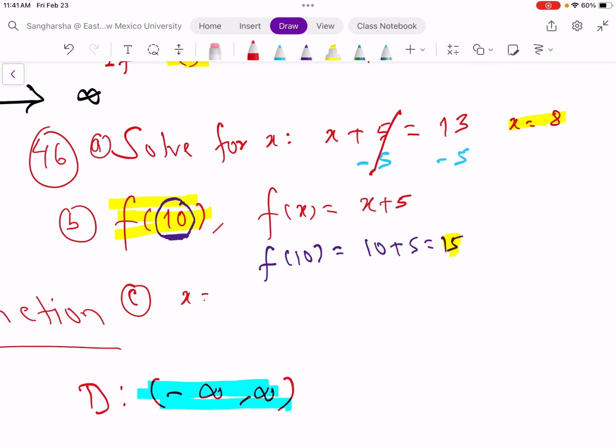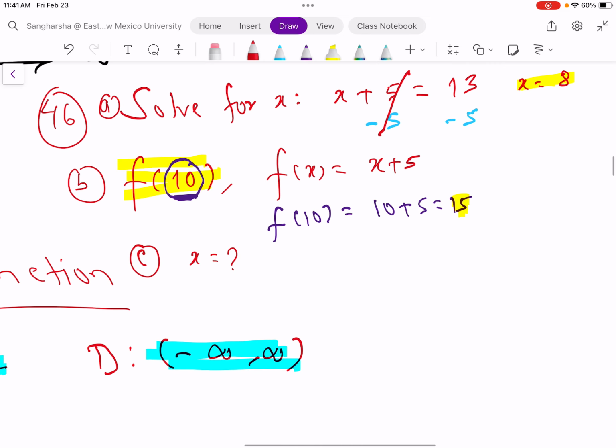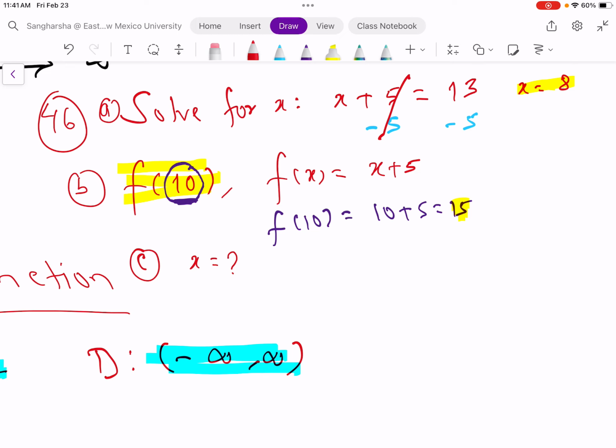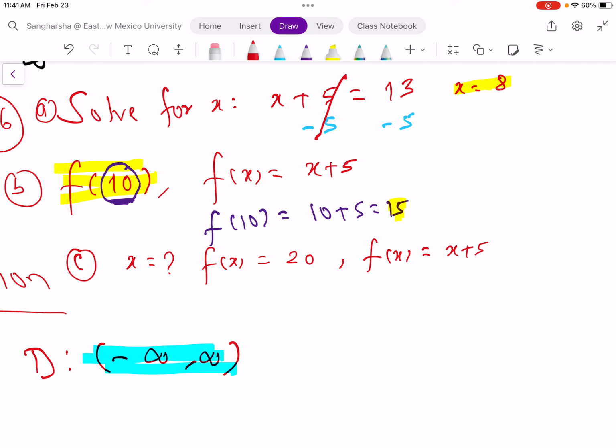The last part for this question is, find x. It means we are asked to find the input such that your output f of x is equal to 20, and your function is the same, f of x is x plus 5. Now where do we substitute this 20? 20 is f of x, right?